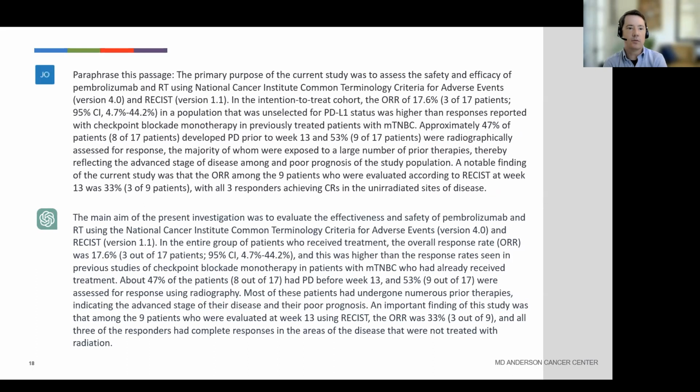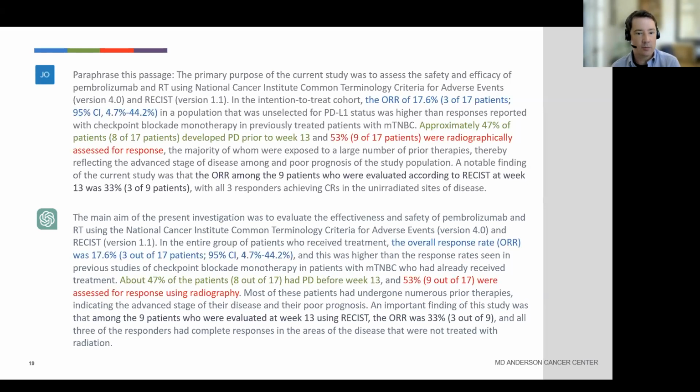So ChatGPT works a little better if you provide it with your own information. So again, using this previously published article available online, it was open access, so that information is already out there. I asked it to paraphrase a passage from the article. And remember that paraphrase is a retelling of the essential facts in different phrasing.